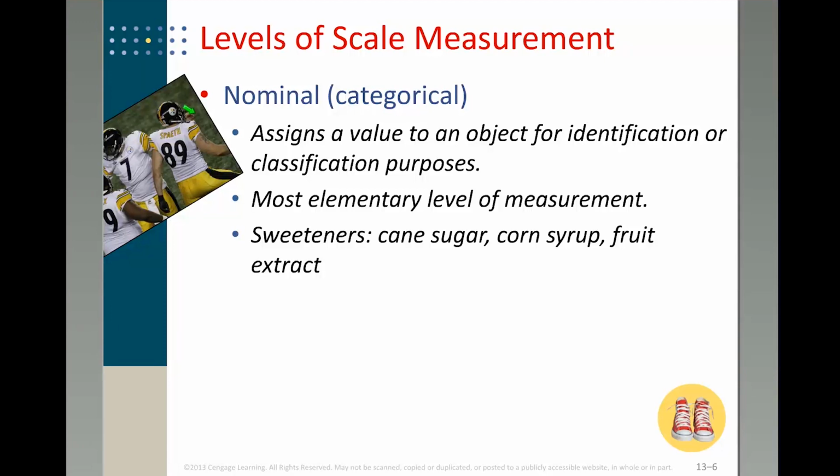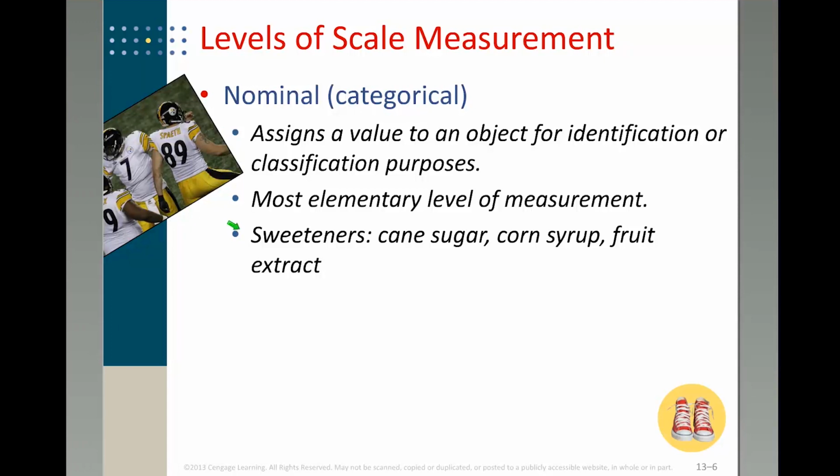The first level, which is also the lowest level, is called the nominal level. Sometimes we also call this categorical, okay, because it includes categories only. And we assign the value to an object for identification or classification purposes only, okay? That is, we do not try to quantify the object. And apparently, you're going to have categories in this level of measurement.